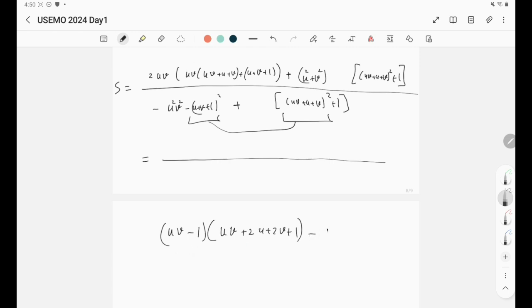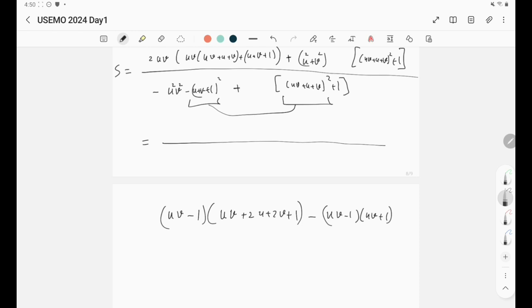So in fact, it's like this, uv plus 1. Very nice. So we can take uv minus 1 as a common factor. Let's just do that. We take this as a common factor here, and we're going to get this minus this. Okay, these will cancel the uv plus 1. Very nice. So you're just going to have 2 times u plus v. This is very nice.